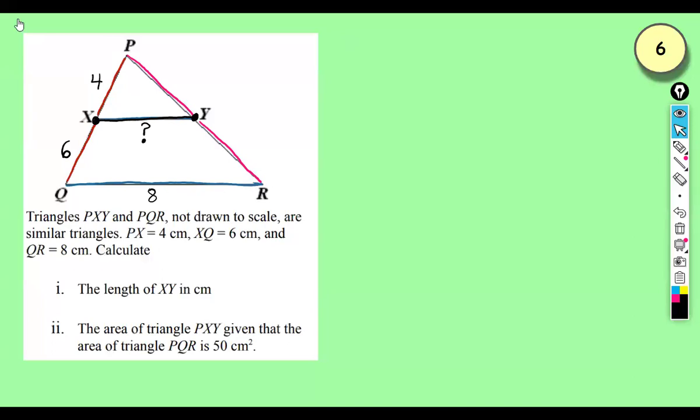All right. So the corresponding sides here: XY corresponds to QR. So XY from the smaller triangle corresponds to QR on the larger triangle. PX on the smaller triangle grows up to become PQ on the larger triangle, the whole length.